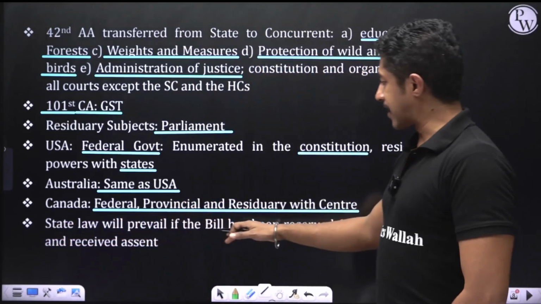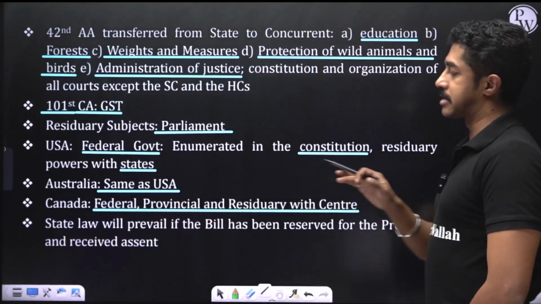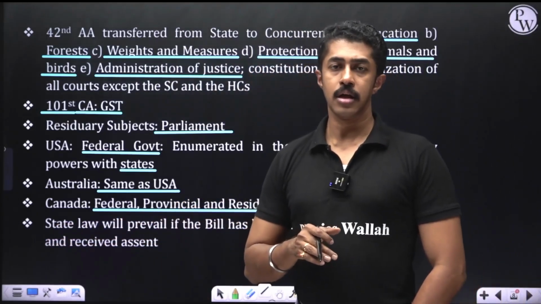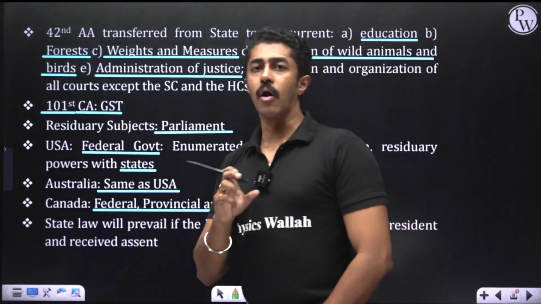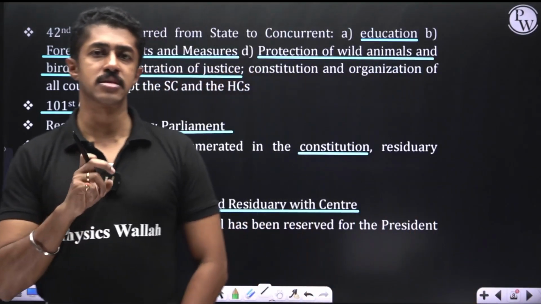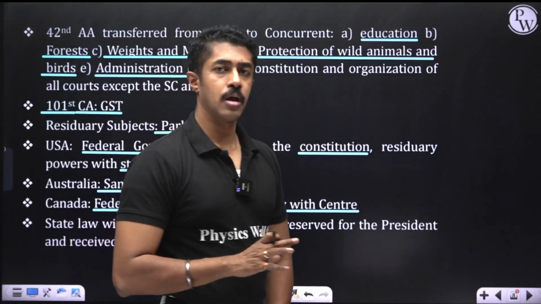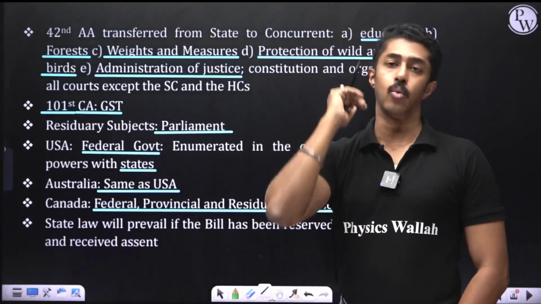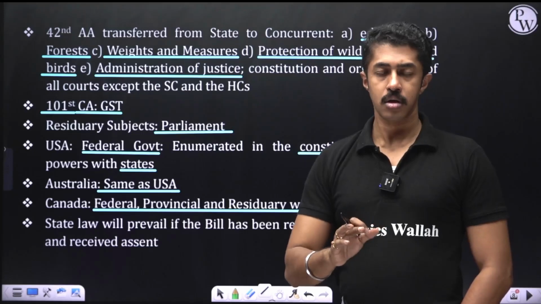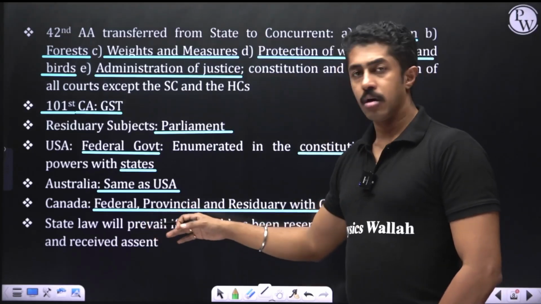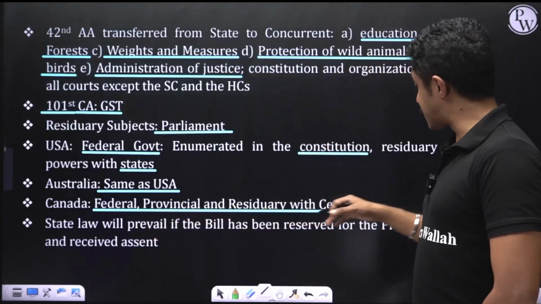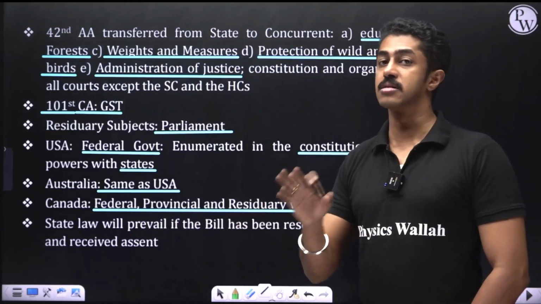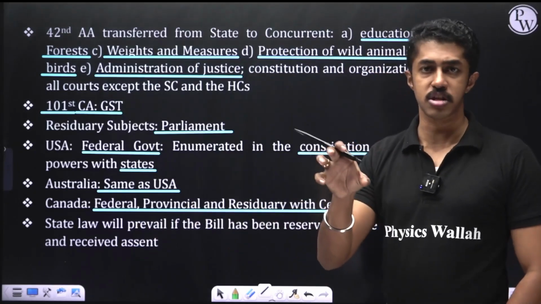State law will prevail if the bill has been reserved for the president and received assent. Generally in the concurrent list, both union government and state government can pass a law. But in the event of a clash, whose law will stand above? That is the question. The state law will prevail if the bill has been reserved for the president and has received assent. That is what the constitution says.